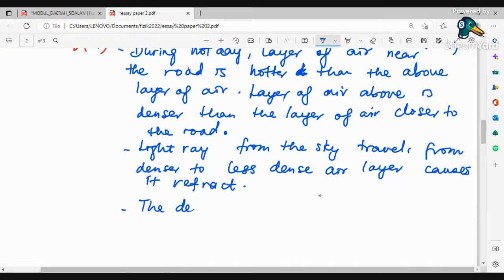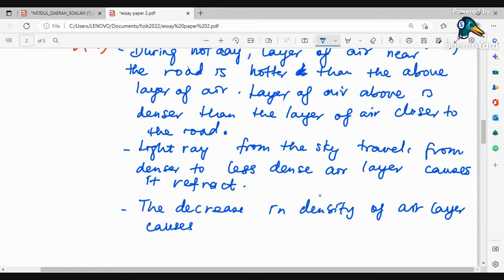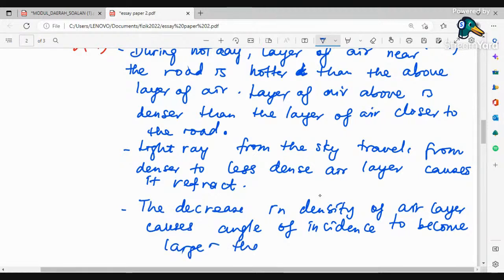The decrease in density of air layer causes the angle of incidence to become larger than the critical angle.